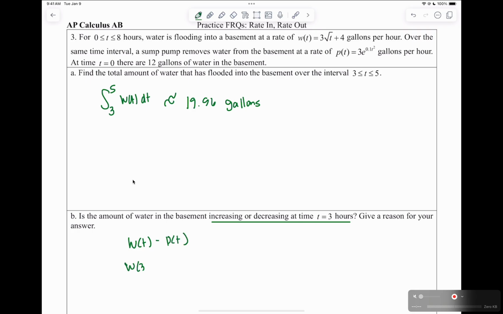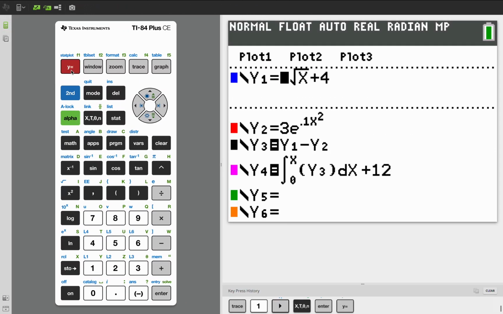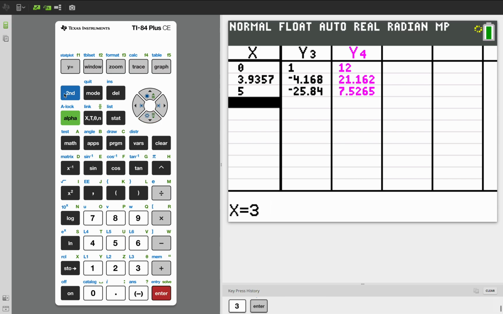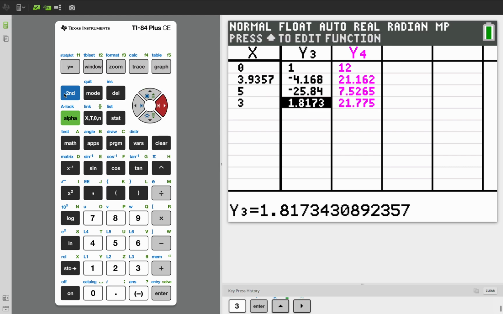So W(3) minus P(3), and we want to figure out if it's increasing or decreasing at that time. That's going to represent y3, and we're going to look at 3. So if I use second table, and didn't delete anything from the previous video, and type in 3, that's going to give us 1.8173.